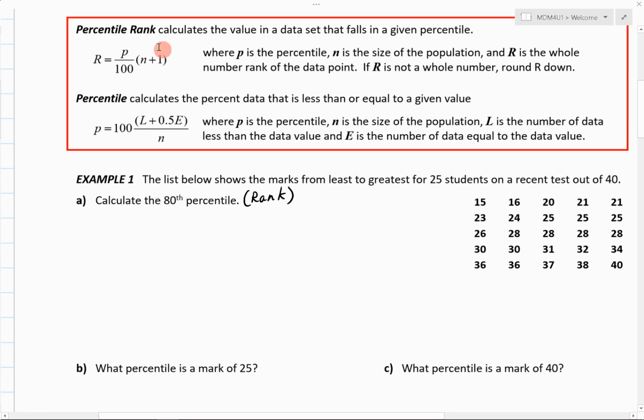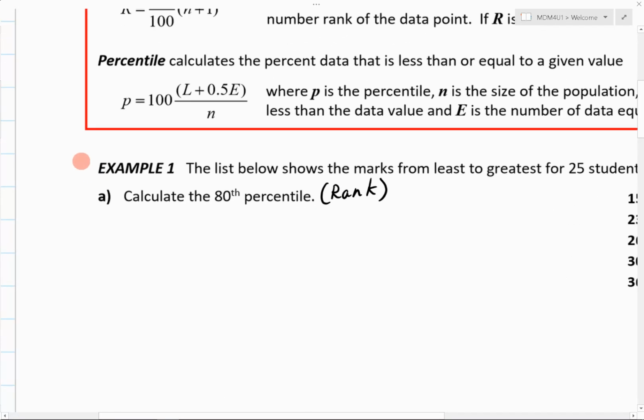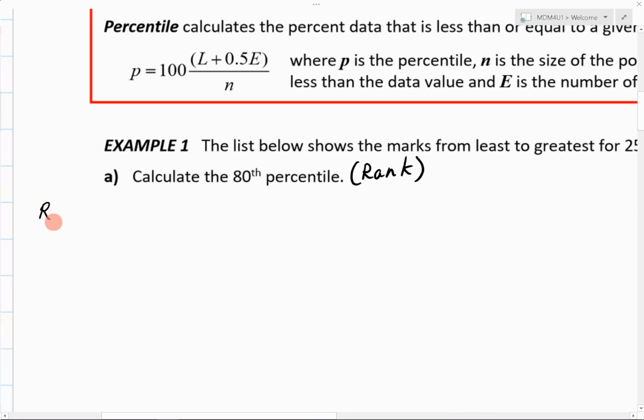It starts with R. So R equals P over 100 times (N plus 1). Okay, and here P is 80 because it is the 80th percentile. And the number of values in my data set is 25. I have 25 student marks.